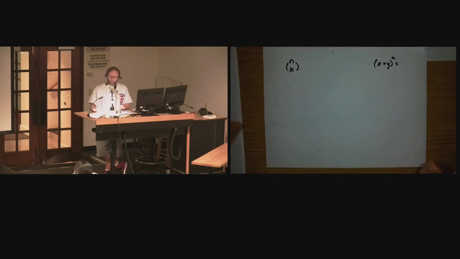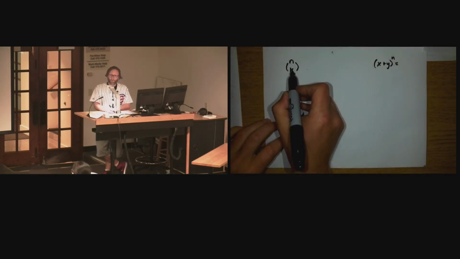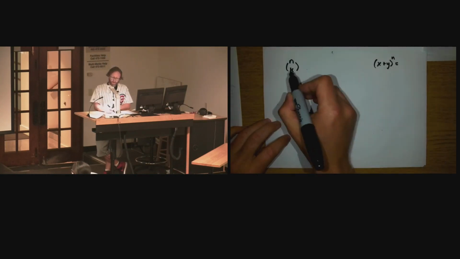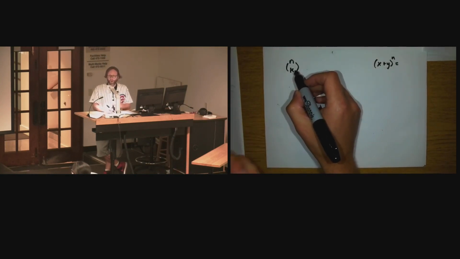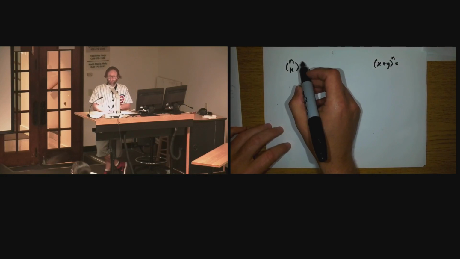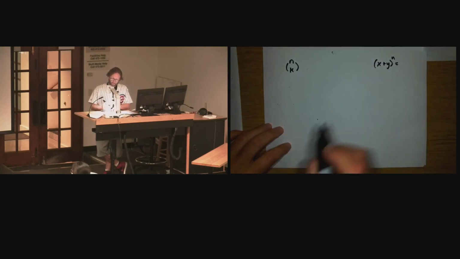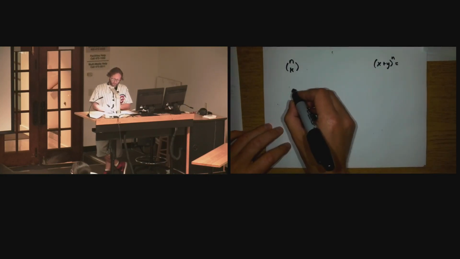Well, you've got all these coefficients that are all of this form, n choose k, for this being n, and then k running from 0, 1, 2, 3, all the way up to n. In fact, we've got plenty of time. Let's go ahead and look at it. What does it look like for, say, 3?